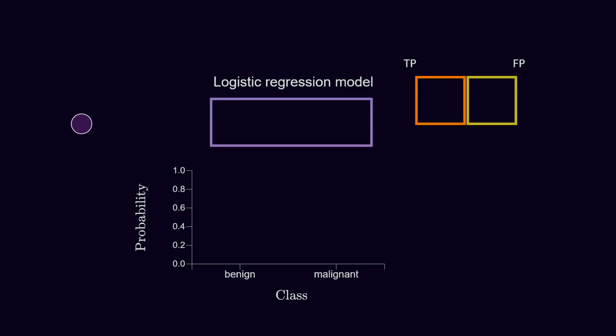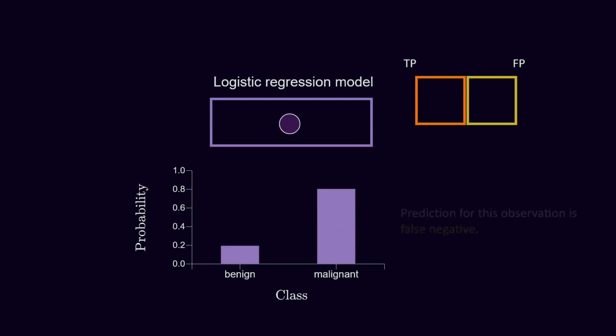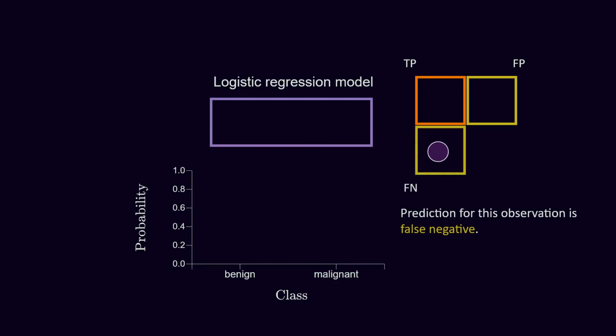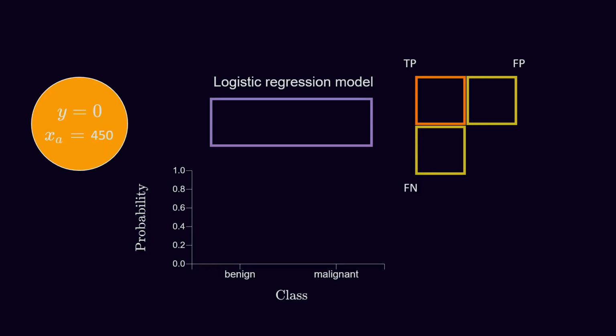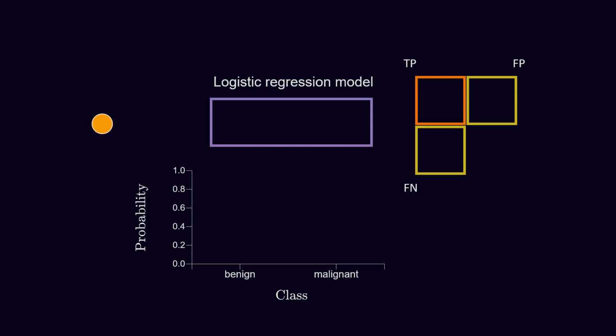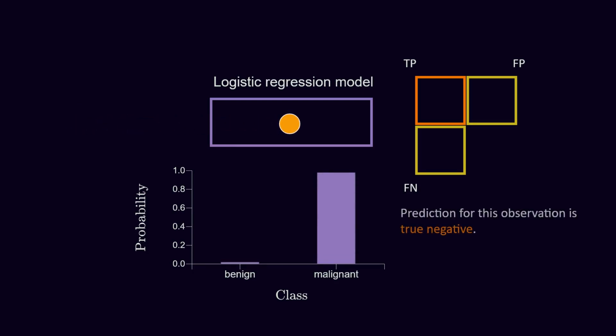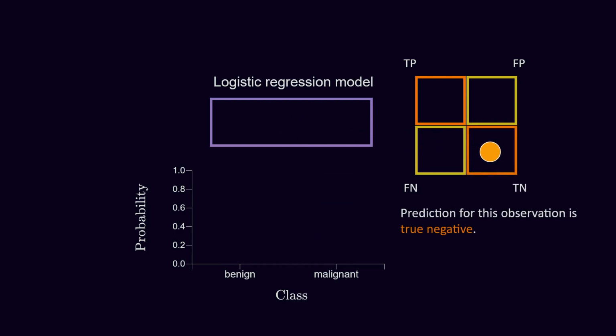Similarly, in case where the predicted probability is less than 0.5 and the true class is benign, the predicted classification is again not correct and called false negative. Lastly, when the predicted probability is less than 0.5 and the true class is malignant, the predicted classification is correct and called true negative.